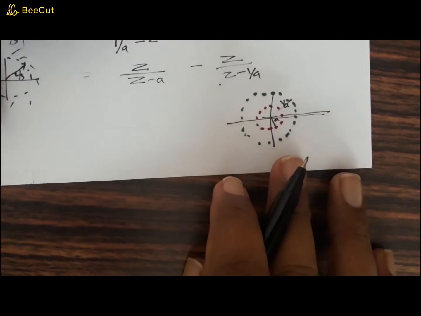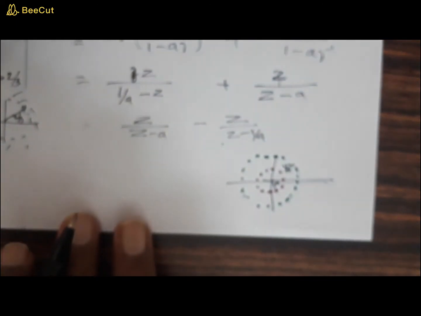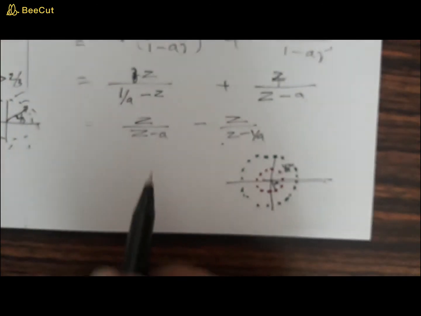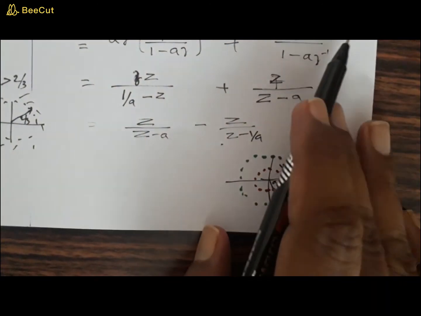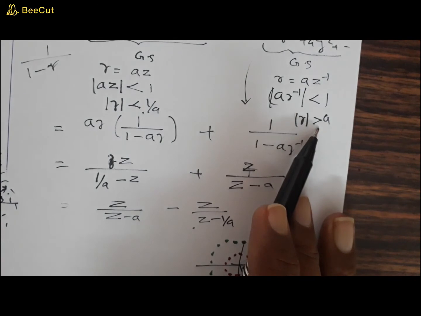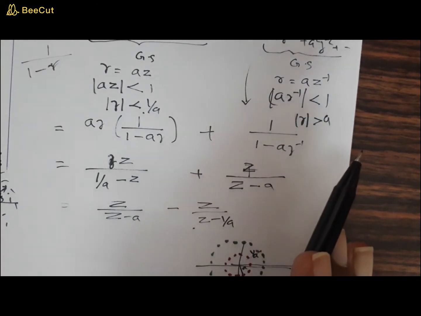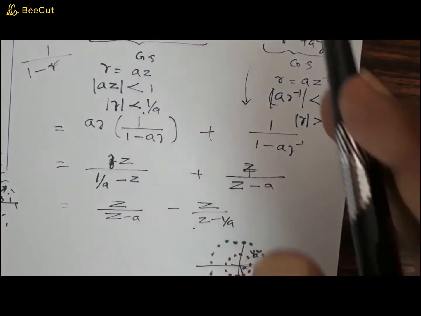So what is the inference? For this signal, you have divided the signal. Now it has got two parts. One is mod Z is less than 1 by A, the other one is mod Z is greater than A. These are two sides.